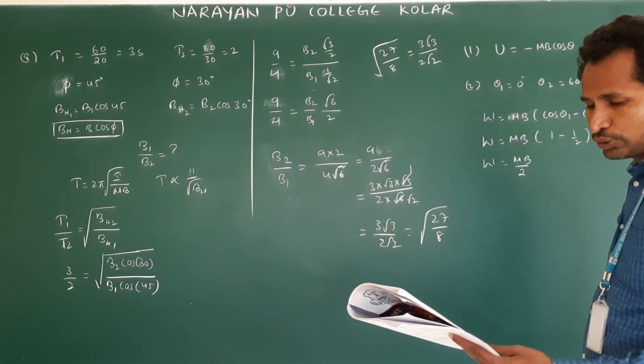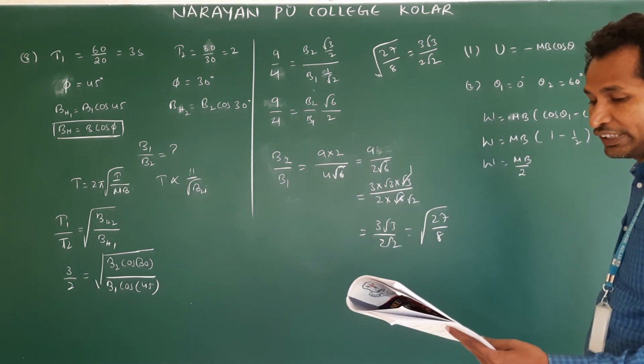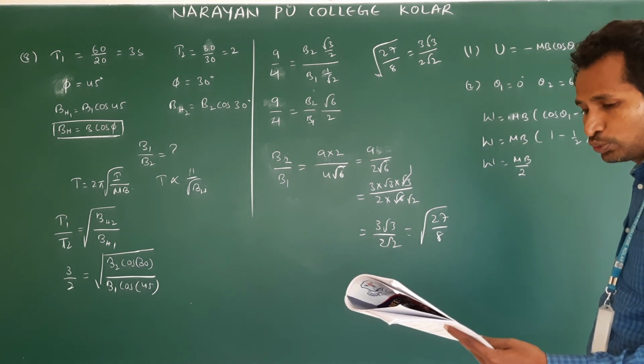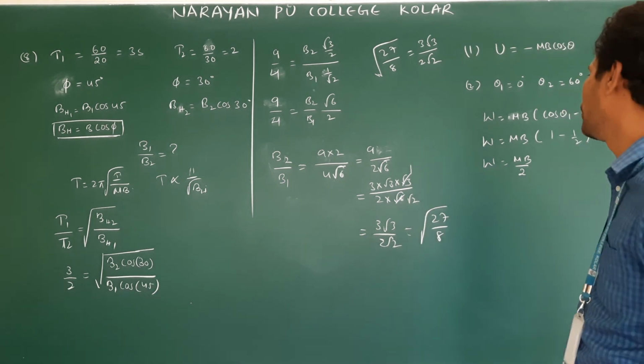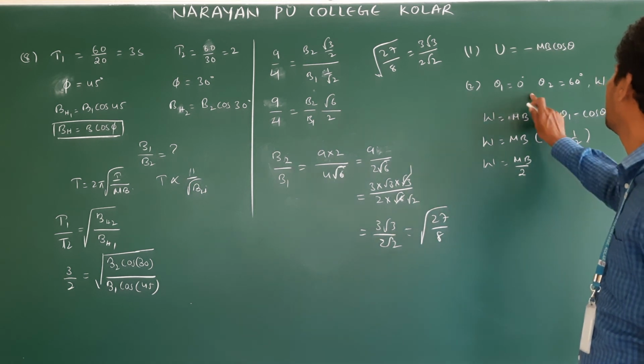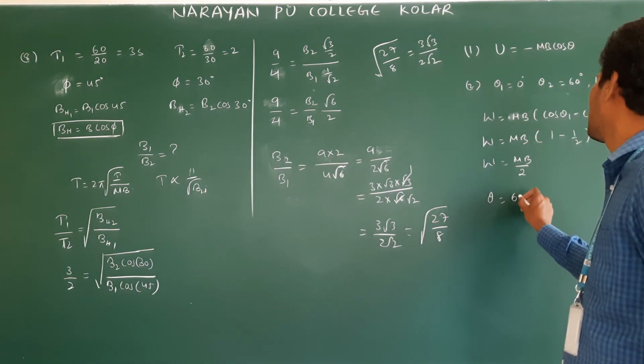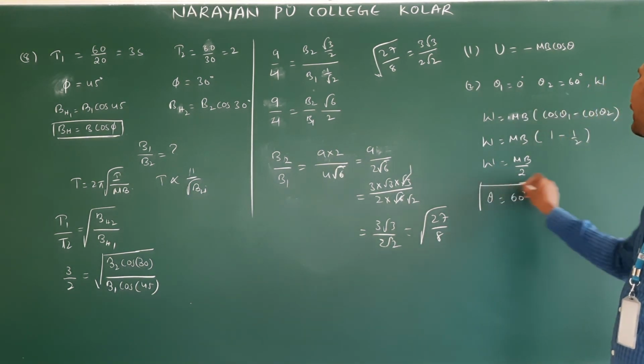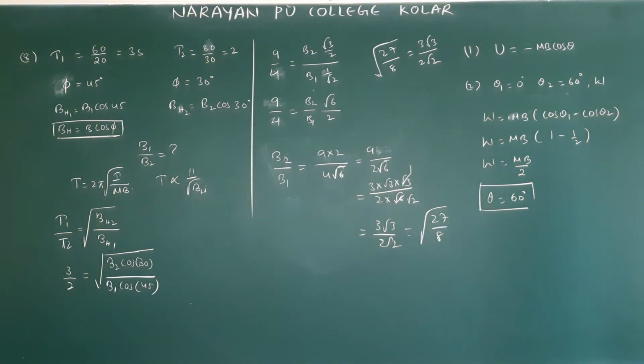What did they ask in the question? The torque needed to maintain the needle in this position. In which position? Theta is equal to 60 degrees. In this position they are asking torque. What is the torque formula? Torque is equal to mB sin theta.